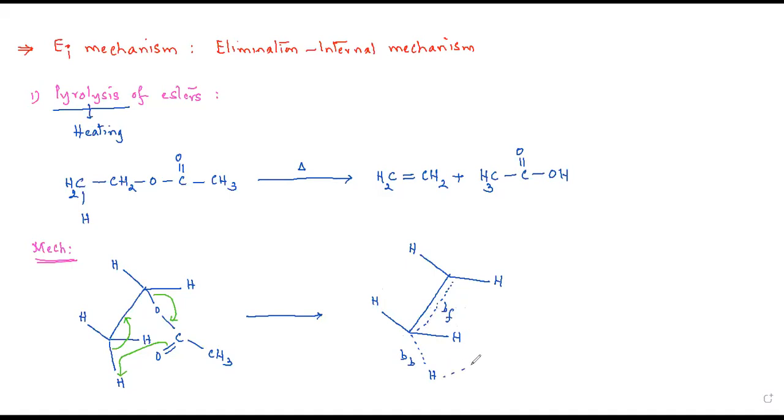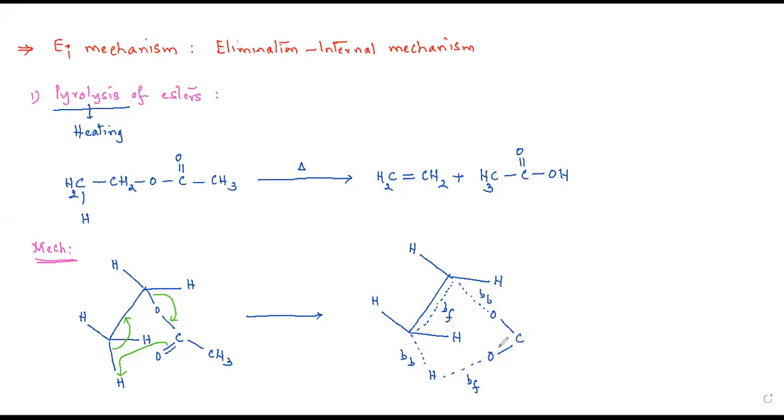And see, a bond is going to form between the oxygen and hydrogen here. This one, right? Now, along with this, you got oxygen. And see, the bond between this carbon and oxygen is going to get broken, right? So this is BB.